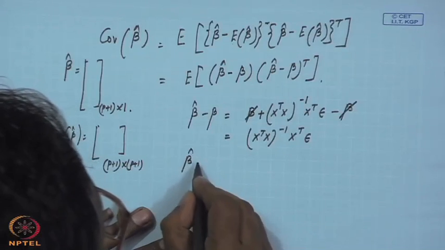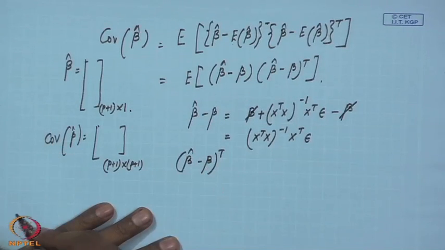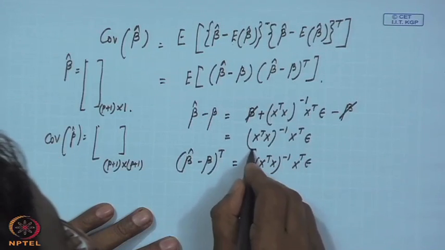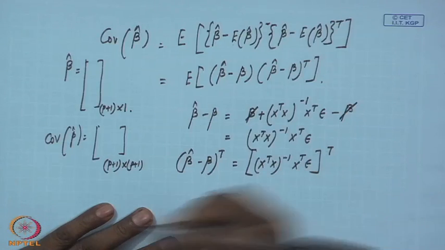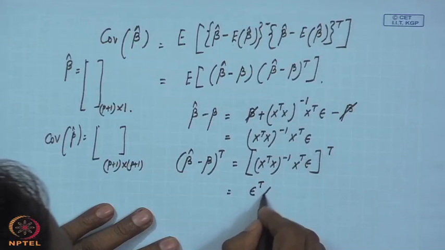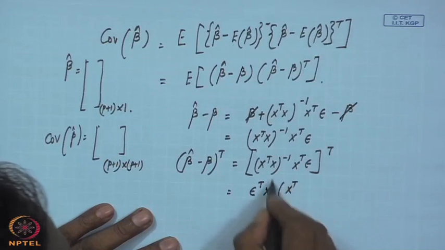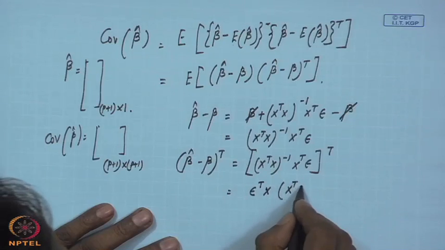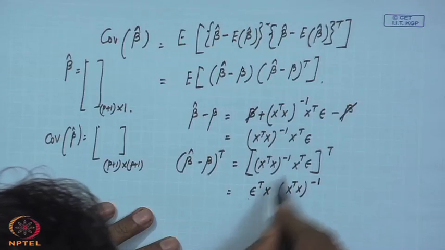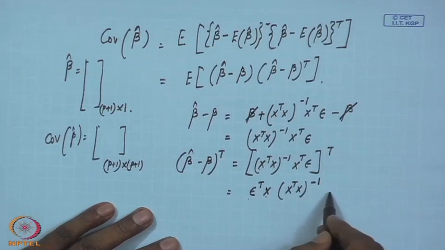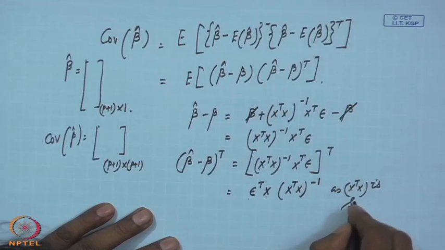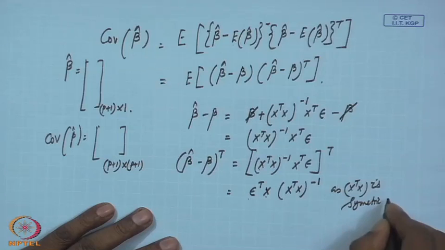Then beta cap minus beta transpose will become x transpose x inverse x transpose epsilon, whole transpose. So, when you take transpose, it will be just the reverse order. So, epsilon transpose x transpose, and x transpose x inverse will remain, because it is a symmetric matrix, so epsilon transpose x transpose x inverse, as x transpose x is symmetric and definitely square also.